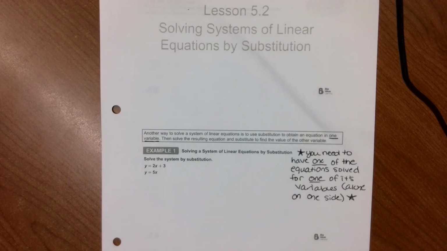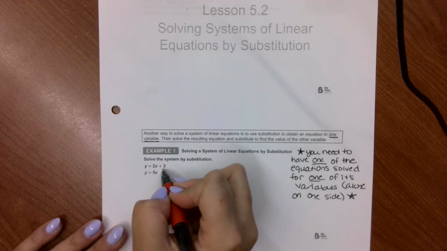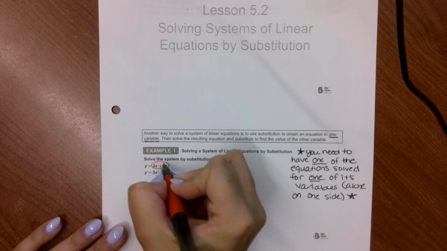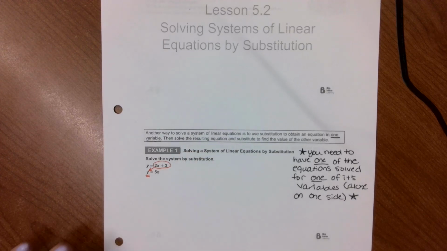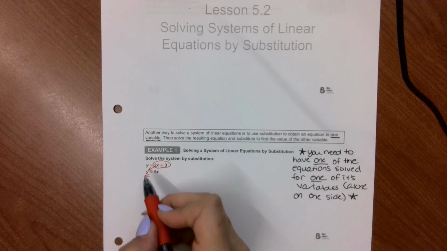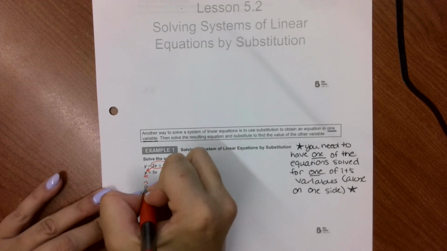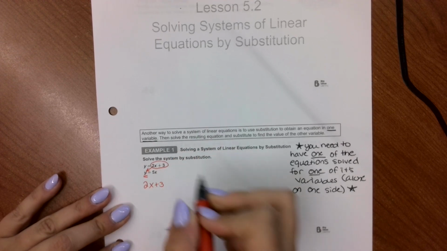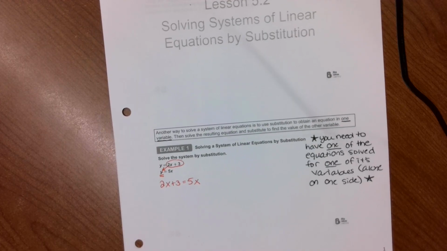So when we solve by substitution, if y equals this, and this is also y, you're just going to substitute the y's for the y's. Because y equals 2x plus 3, and down here this is also a y, I can replace it with 2x plus 3 equals 5x.